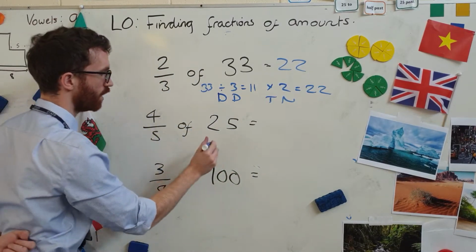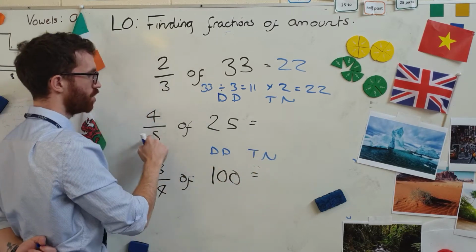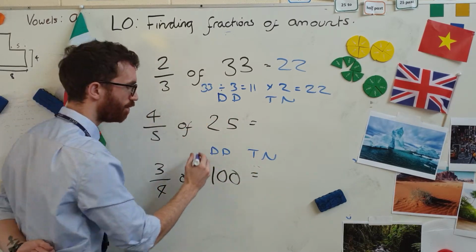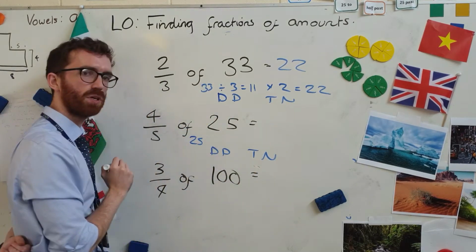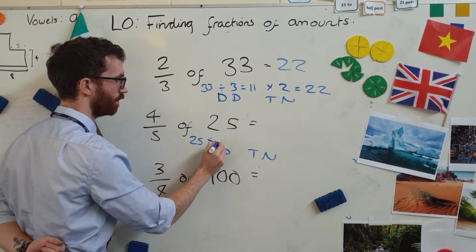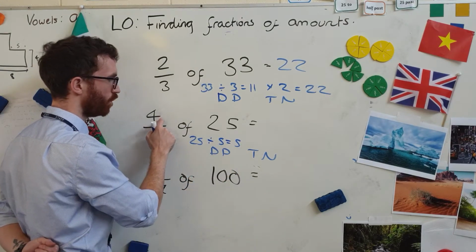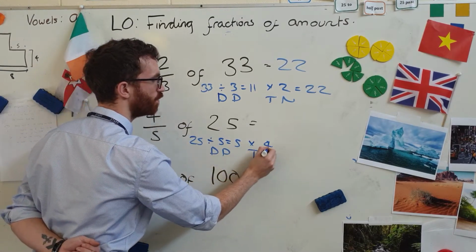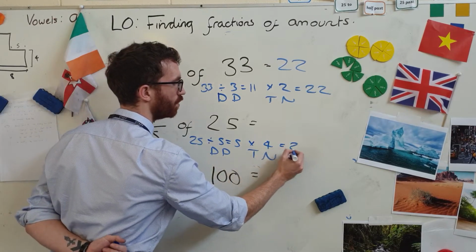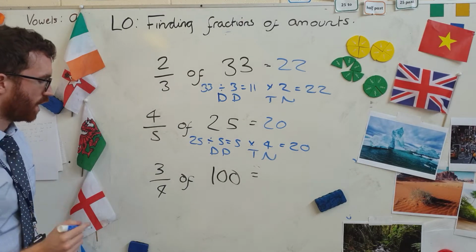Okay, let's try this one. DDTN. So our amount is 25. We're going to divide by the denominator, divide by 5. Now equals 5. Now we're going to times by the numerator, times 4. 5 times 4 equals 20. That's my answer. 4/5 of 25 is 20.